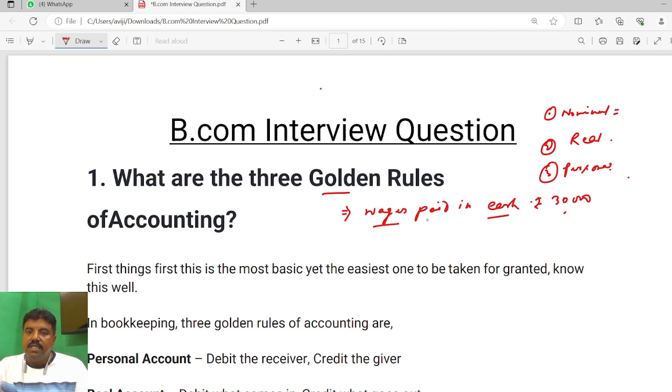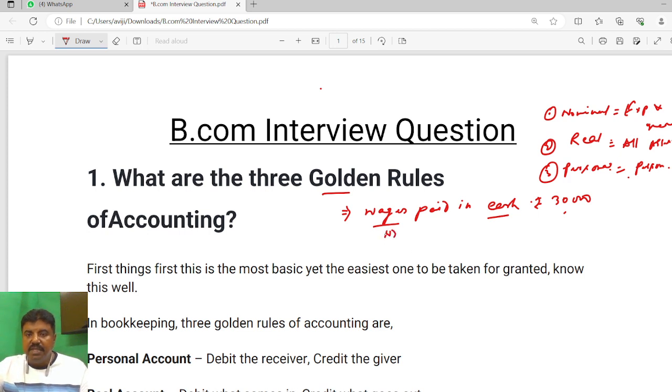If you see that it's an expense or income, then that would be nominal. Real will be all assets of the business. And personal accounts means the name of any person or any organization.